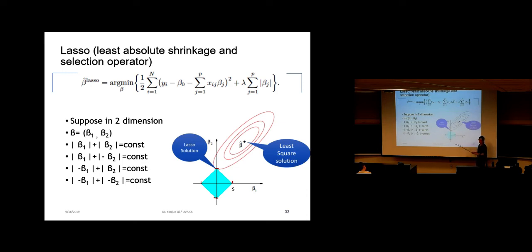This gives you a simplex type of shape, and in the 2D case, this is actually just a diamond. Beta 1 plus beta 2 equals that constant S, and this is my boundary, and this is that line, right? This line, this line, and this line create the boundary.